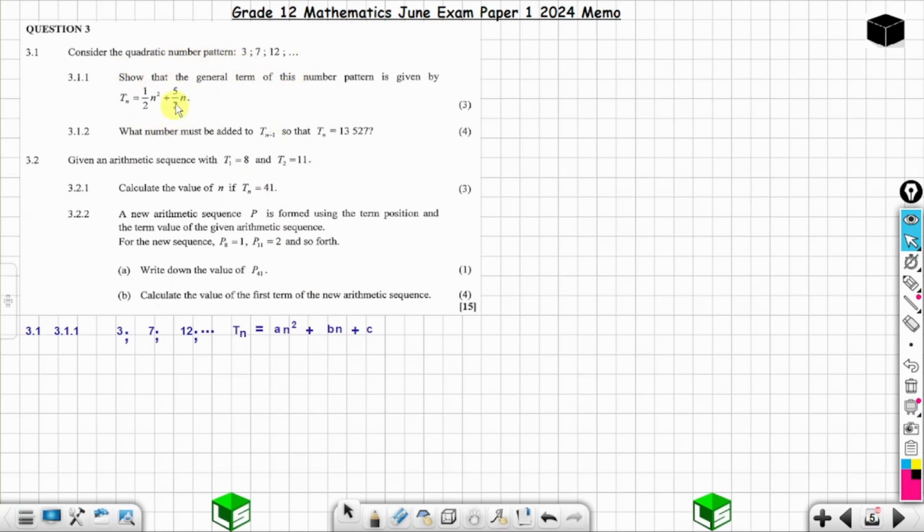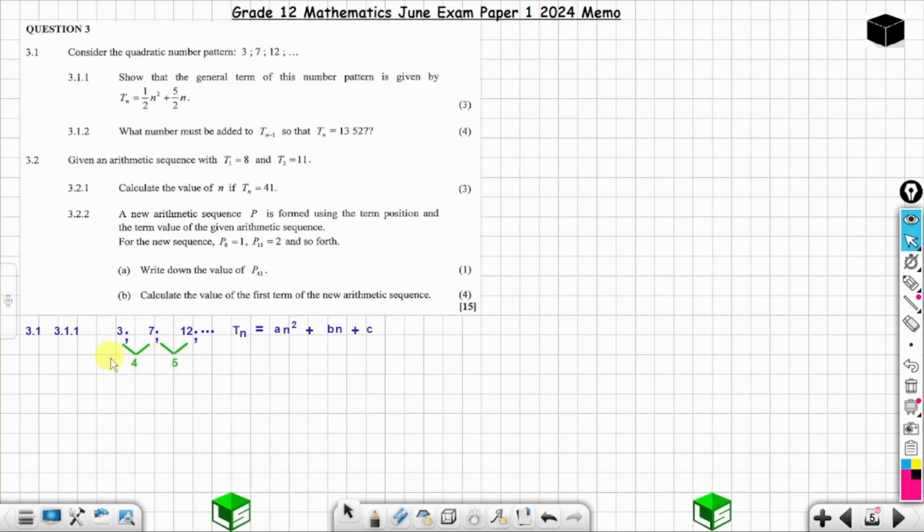So we have to prove that Tn is equal to this. So let's find our first difference. You always take the next term minus the previous term. 7 minus 3, 4. And then 12 minus 7, 5.